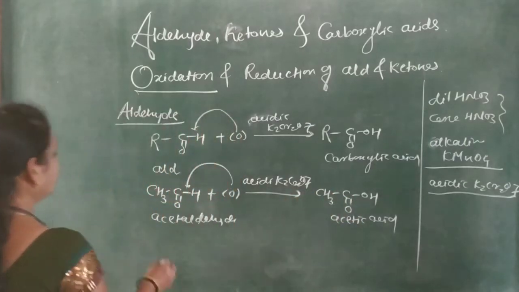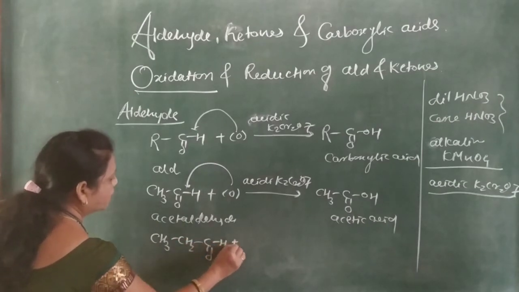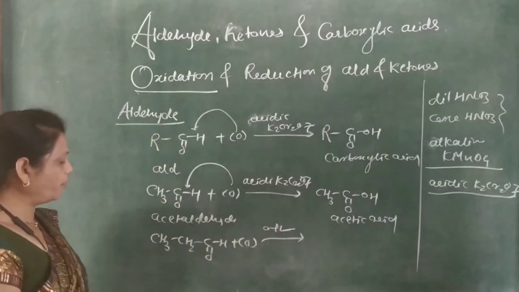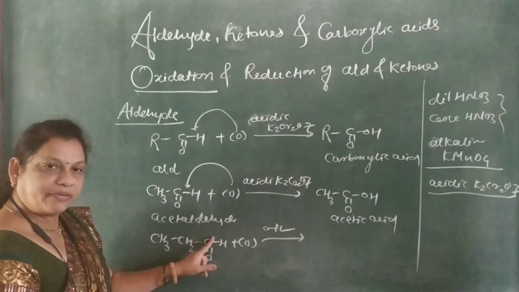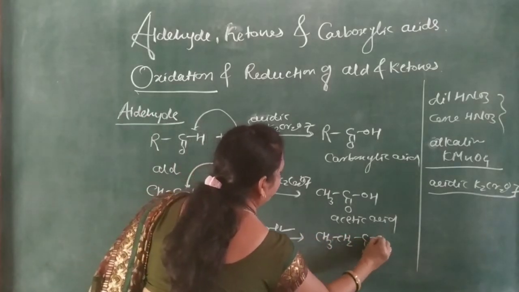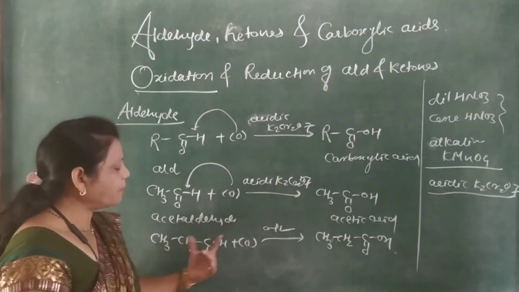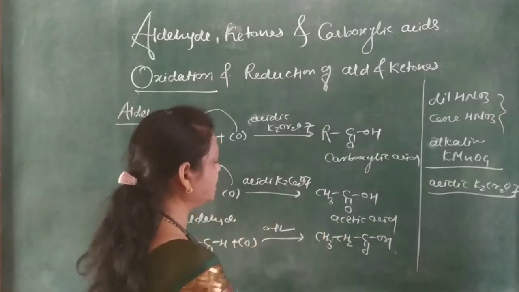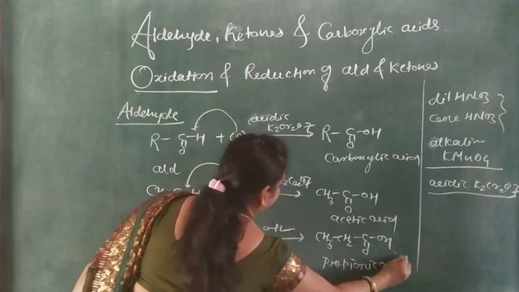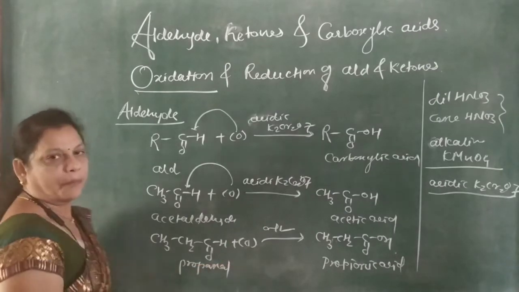Another example, CH3CH2C double bond OH. On oxidation, in the presence of again acidic potassium dichromate, this O gets introduced between C and H, to form CH3CH2C double bond OH, that is propionic acid. The aldehyde contains 3 carbons, and the acid again contains 3 carbons. This is propionic acid, and this is propionaldehyde, or simply, by IUPAC name, propanal.